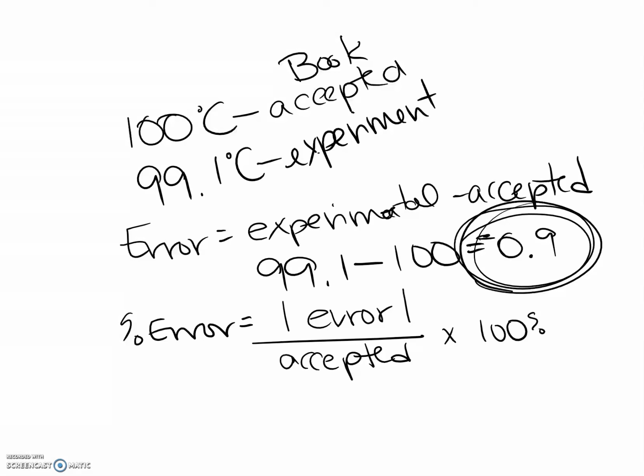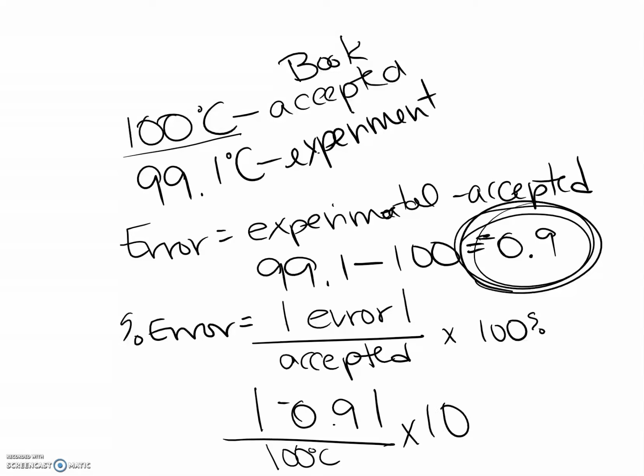So our error is our negative 0.9 inside of our absolute value mark over our accepted value of 100. Then you are going to multiply your answer by 100 to get our percent error.